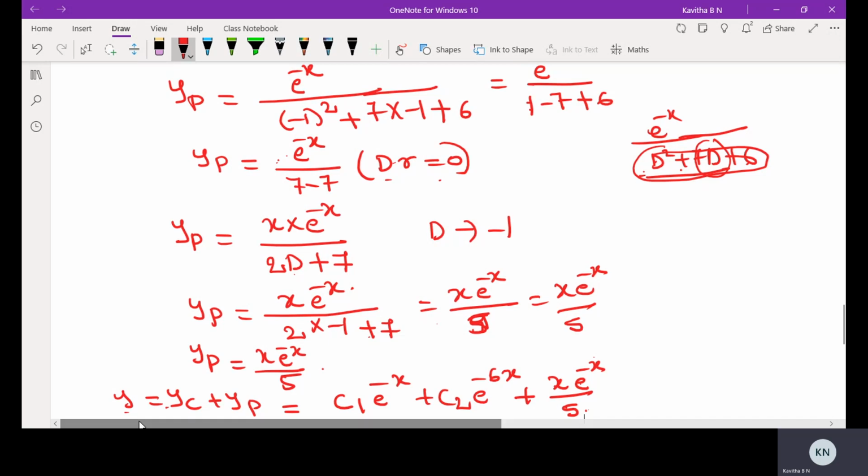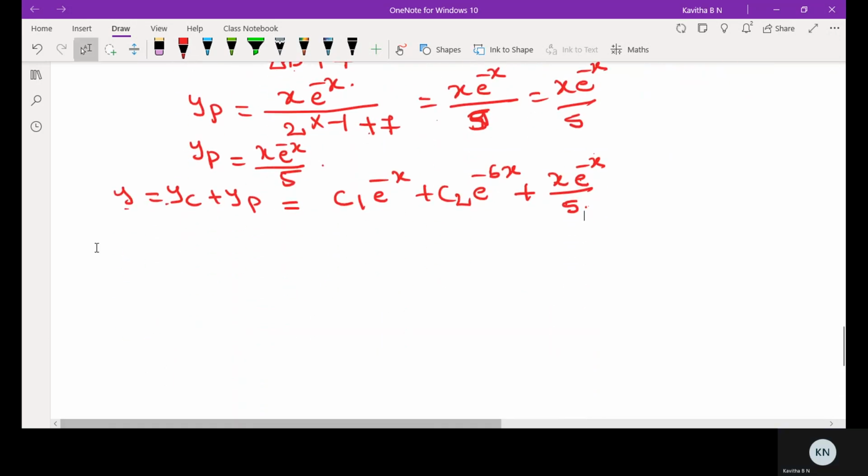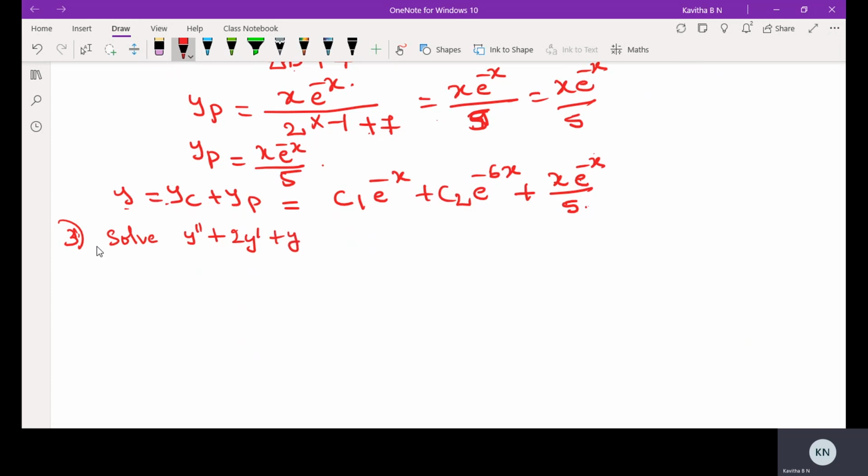Okay, then take down one more problem. Solve y double dash plus 2y dash plus y is equal to cos h of x by 2.